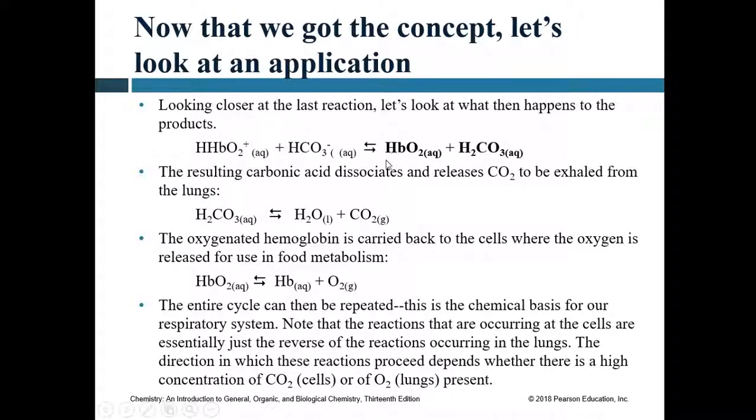Now let's look at our oxygenated hemoglobin. Now our oxygenated hemoglobin is going to be carried back to the cells, and the oxygen is then released for use in the food metabolism, and guess what? This process starts over. So this whole process is brought about by a stress on one system, an increase of one thing.